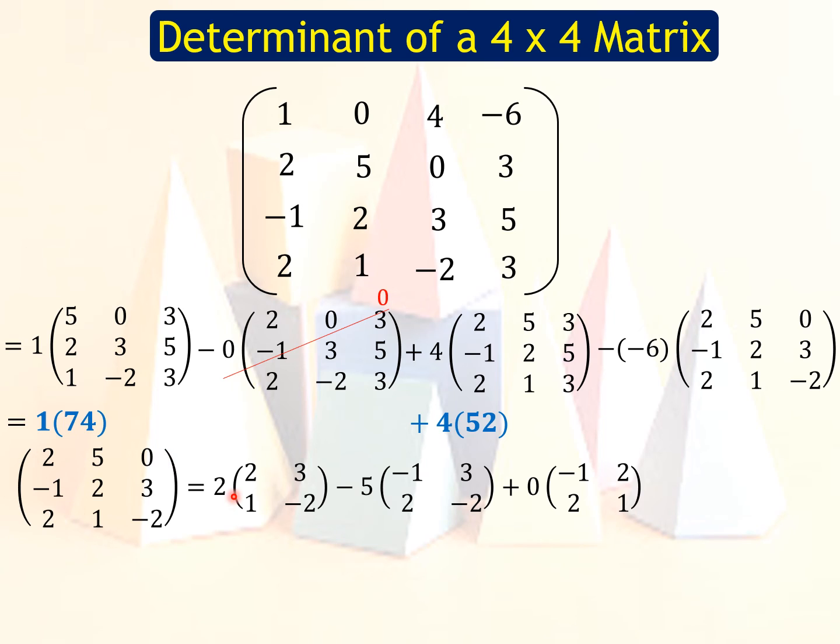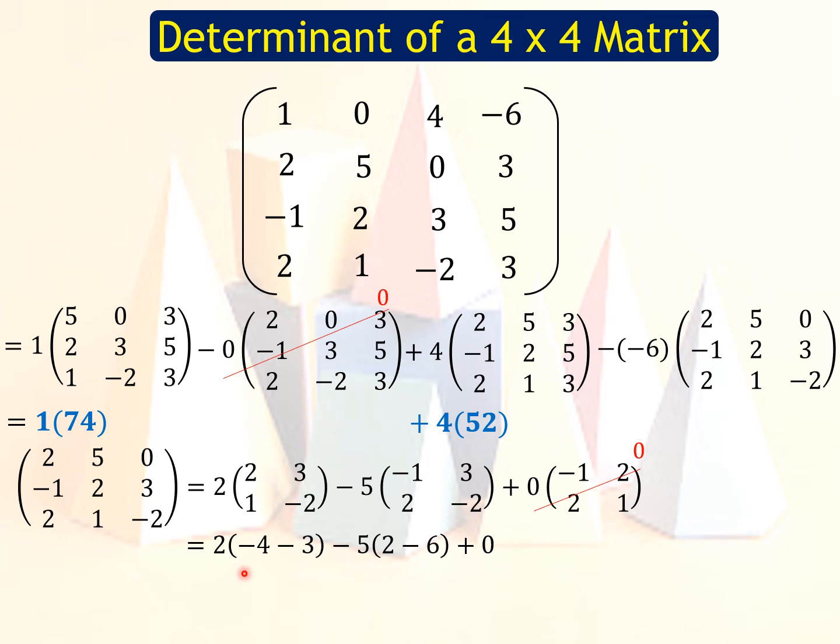So we have 2 times 2, 3, 1, negative 2. And then we have minus 5 times, eliminating the first row and the second column, negative 1, 3, 2, negative 2. And then we have 0, eliminating the first row and then the third column, so 0 times negative 1, 2, 2, 1. Since this one is equal to 0, we can just eliminate it.